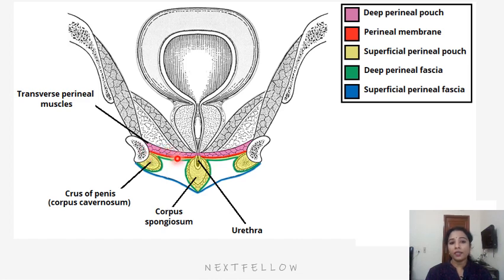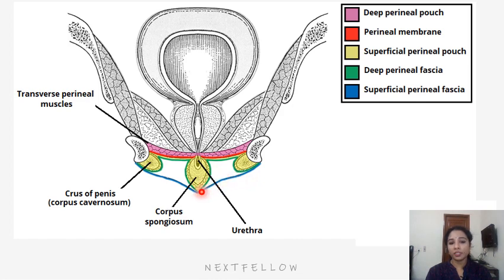The red line indicates the perineal membrane, which separates the deep perineal pouch from the superficial perineal pouch, and the green line indicates the deep perineal fascia, and this is the superficial perineal fascia.